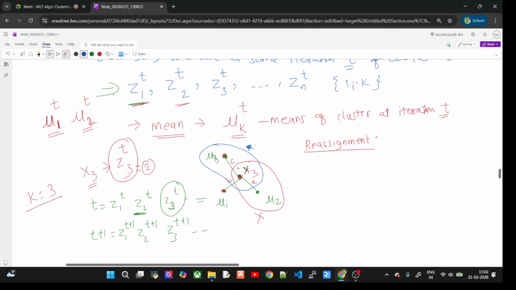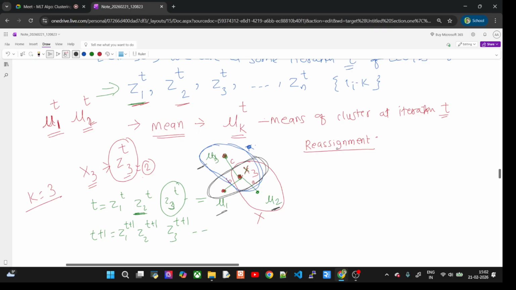But is it better to go to this cluster, or should I go to that one? x3 is not happy with this mu2. Should I go to mu1 or should I go to mu3? We need to figure out which is better for him.